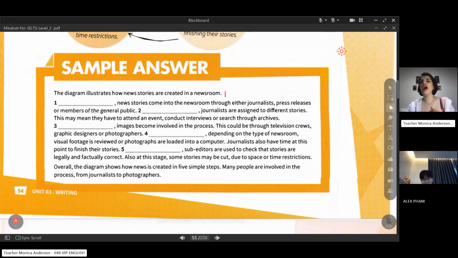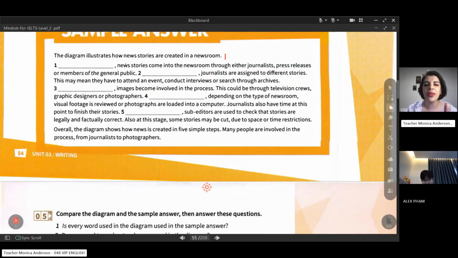So as you can see, why I said don't use then here, because we need to avoid repeating words in writing or an essay. So that's really important not to repeat. If I use then, and again use then, it will be a bit boring, maybe a bit basic. So let's choose different words and phrases, synonyms maybe, or different words for different steps. It's important not to repeat one word.